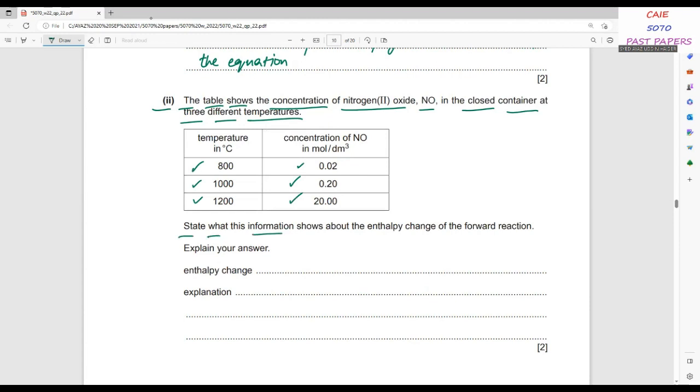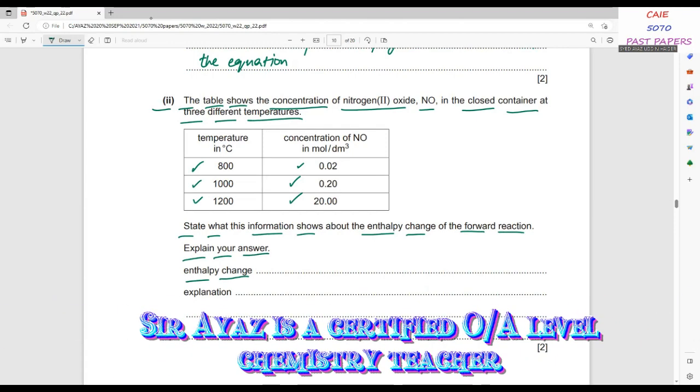State what this information shows about the enthalpy change of the forward reaction. Explain your answer. Enthalpy change, endothermic. So the explanation will be higher concentration of NO at high temperature.